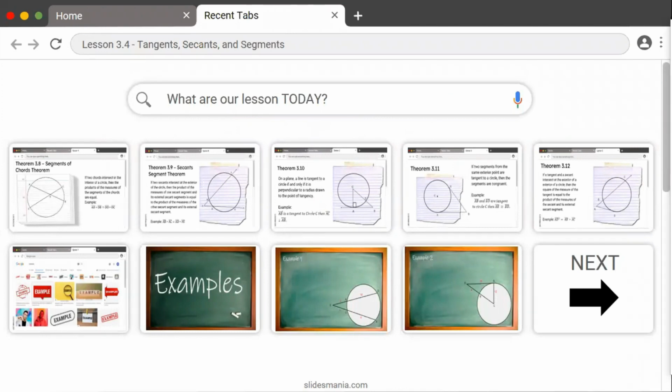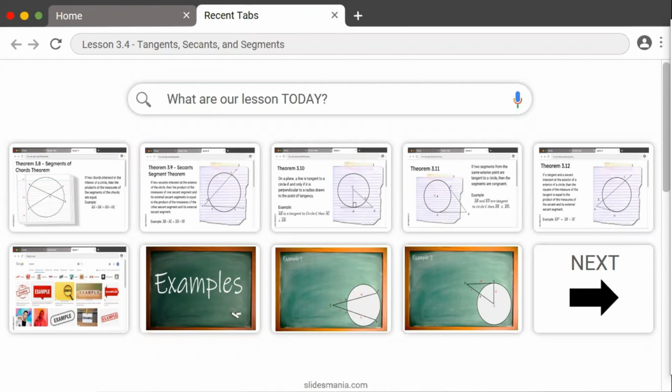We have the different theorems involving secants, tangents, and segments, and we will be solving problems involving secant, tangent, and segments. And also we'll be talking about different theorems involving tangent, secants, and segments.